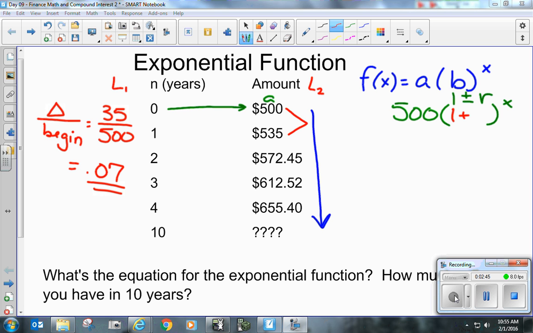So we put 0.07 in our equation, because there is no percent button in our calculator. And if I wanted to combine that, I could, but that's your equation right there. That's it. If I could stat edit, and I put all those years in L1, and all the amounts in L2, and then stat calc and an exponential regression, it would give me 500 times 1.07 to the x.